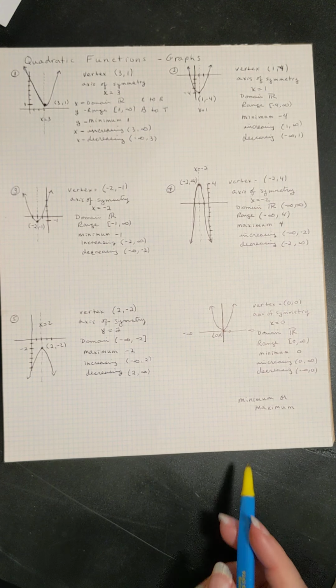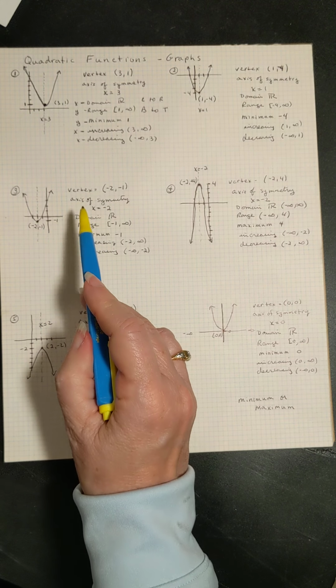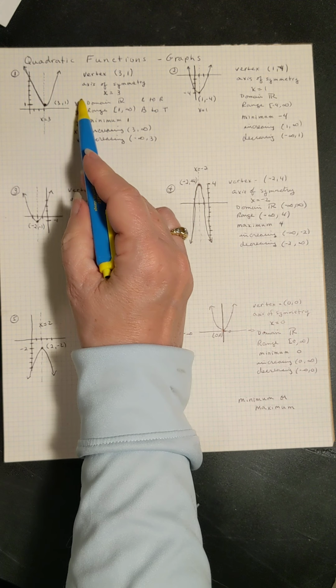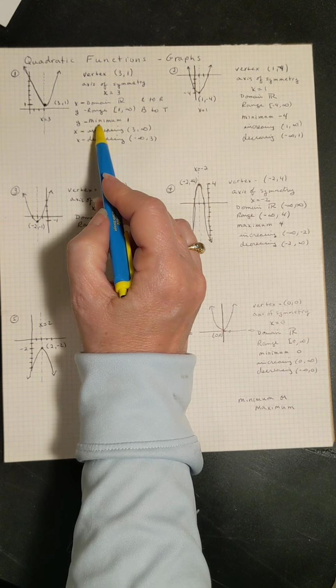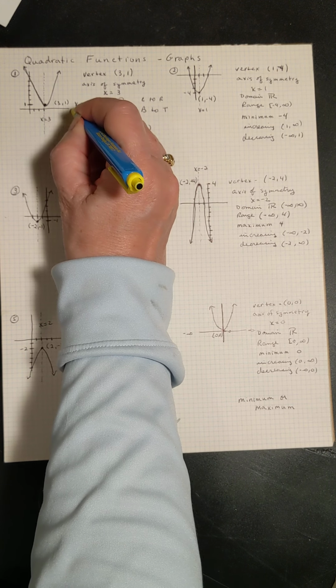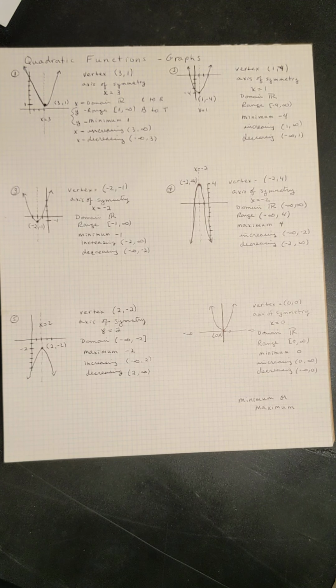All right, so remember, domain and increasing or decreasing, you're looking at your x-axis, and range and either maximum or minimum, you're looking at your y-axis. These are the only two that you ever look at your y-axis or your y-coordinate.